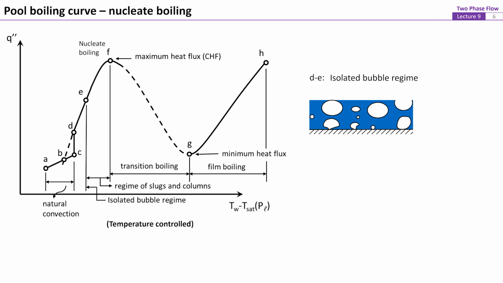This regime can be further divided into two sections. In the first section, each bubble grows and departs from the nucleation site without significant contact with other bubbles. This is referred to as the isolated bubble regime.